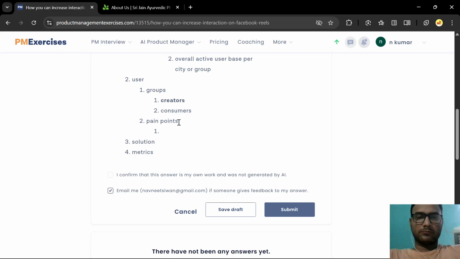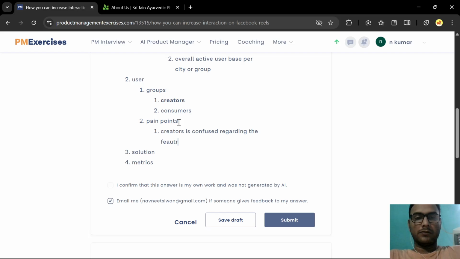So, first is the confusion part, I would say. The creators are confused regarding the feature, because most of the creators who are using Facebook Reels, I'm assuming around 90 to 95% of them, are on Instagram and they are using the same features.